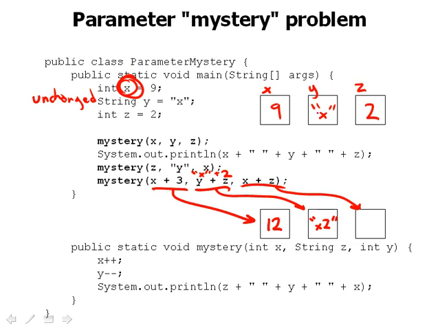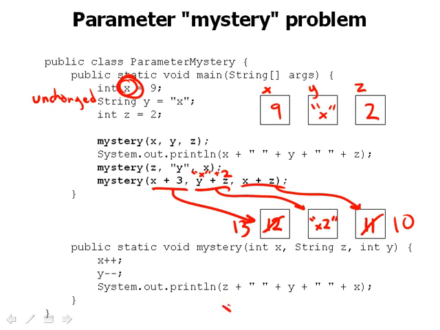And the third parameter is x plus z. That's the integer 9 plus integer 2, so we get 11 for that parameter. And the output from this call is, well, we first do x plus plus, so we get 13 here. We do y minus minus, we get 10 here. And now we print ln z, y, x.